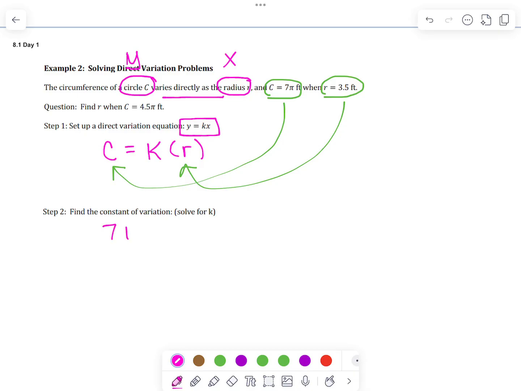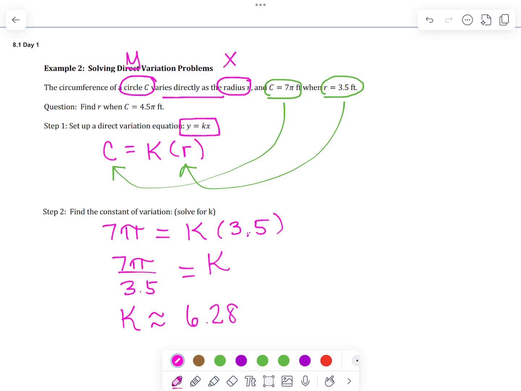So 7 pi equals k times 3.5. And in step 2, we're going to solve for k. So we want to get k alone, so we're going to divide both sides by 3.5. And then we type that into our calculator. We get approximately 6.28. So that's our constant of variation.